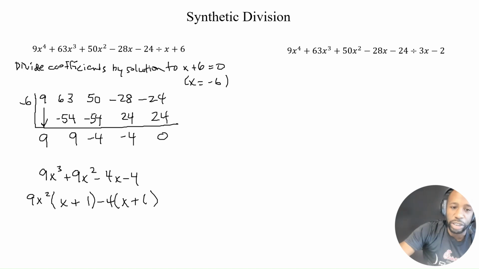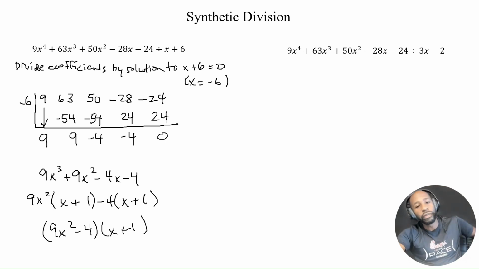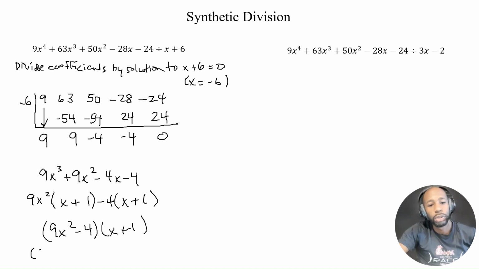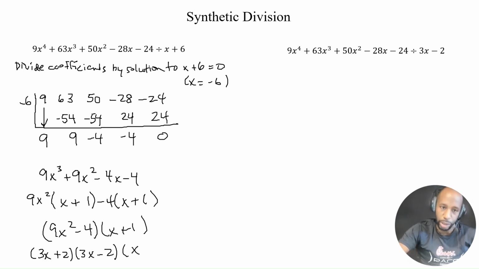So this factors into 9x squared minus 4 and x plus 1. But this is actually a difference of squares right here. So that's going to be 3x plus 2, 3x minus 2, and then x plus 1.